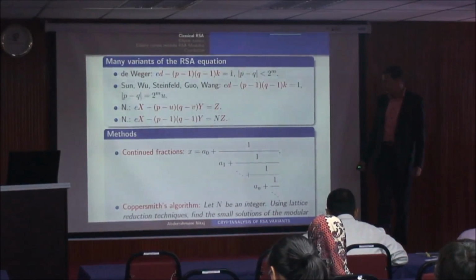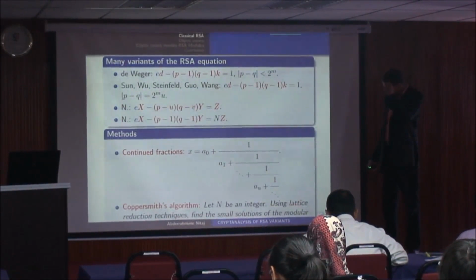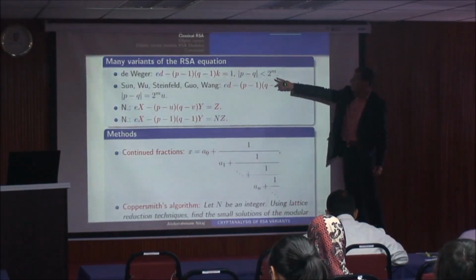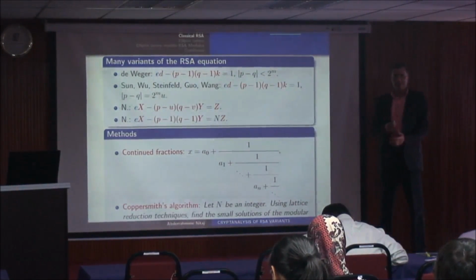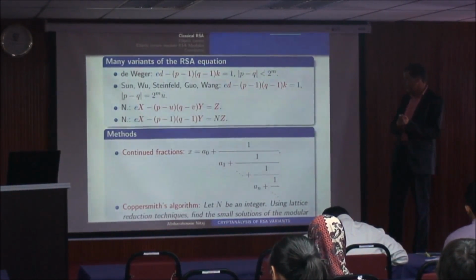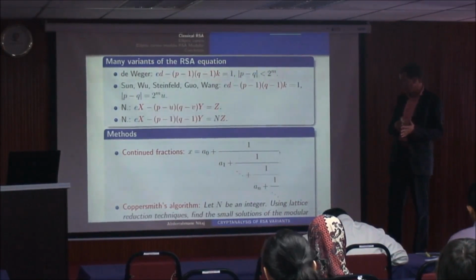Also, Coppersmith's algorithm can be applied to an equation by using this equation to find a polynomial and to transform the polynomial to some lattice to reduce the lattice using the LLL algorithm.